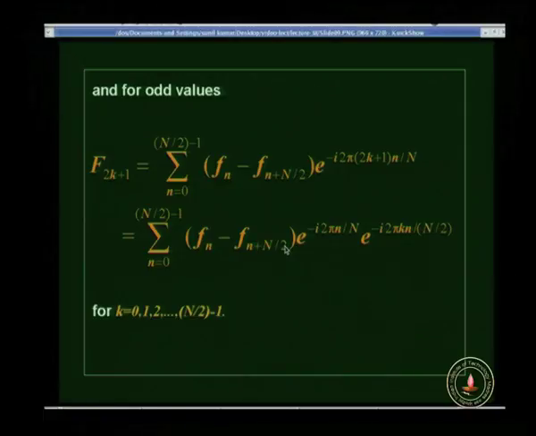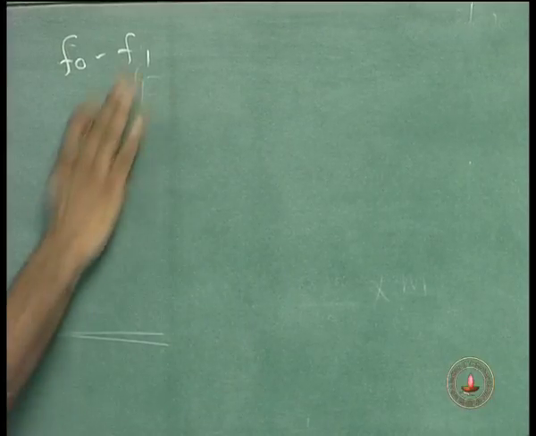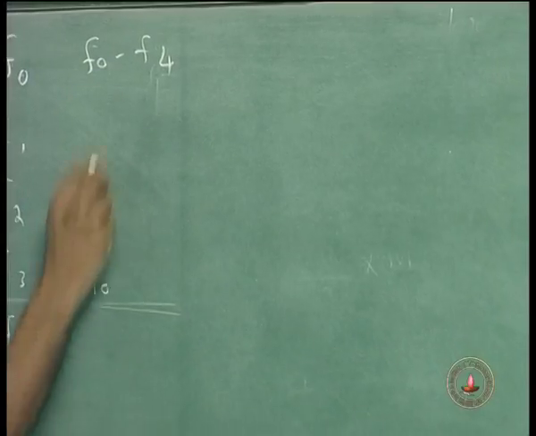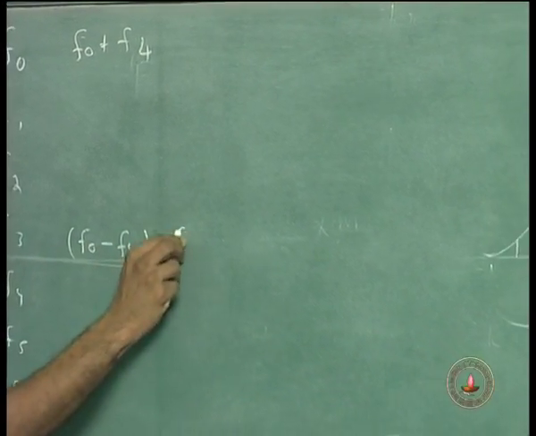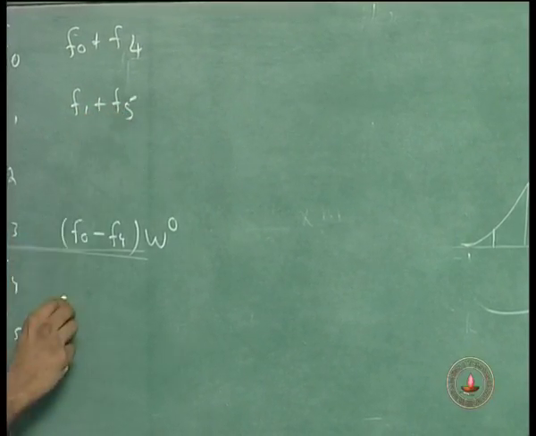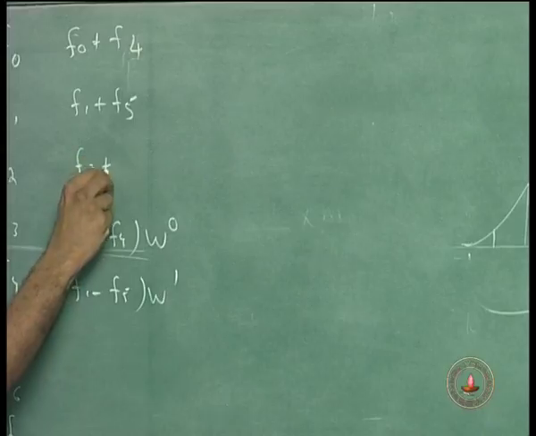So, we are going to write this now as f0 minus f4 into w0, and here f1 plus f5, and we are going to write here f1 minus f5 times w1.